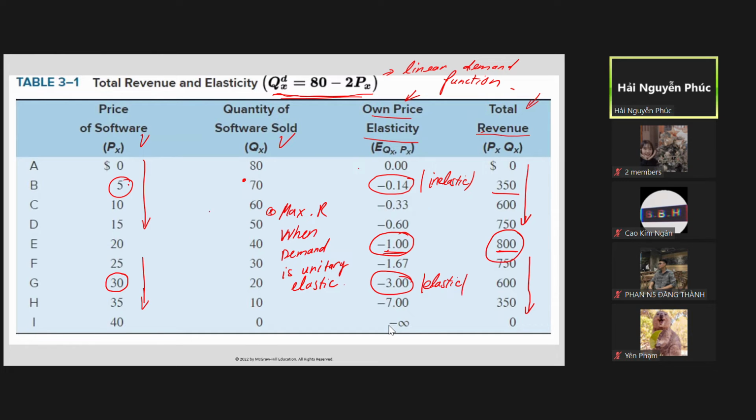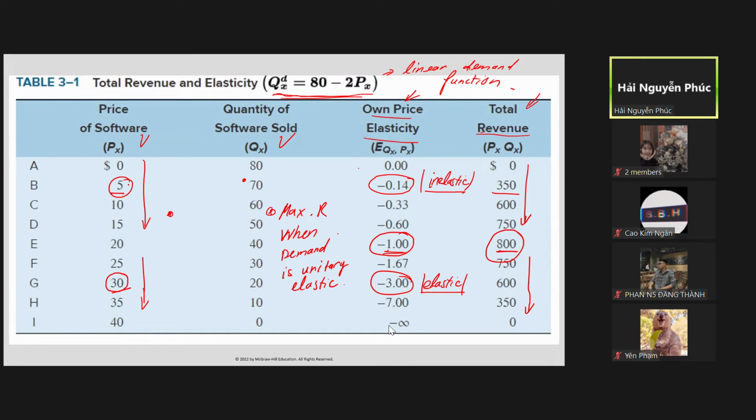The second point: you can see that at the lower price level, for example at 5, demand is inelastic. At a higher price, for example at 30, demand is elastic.